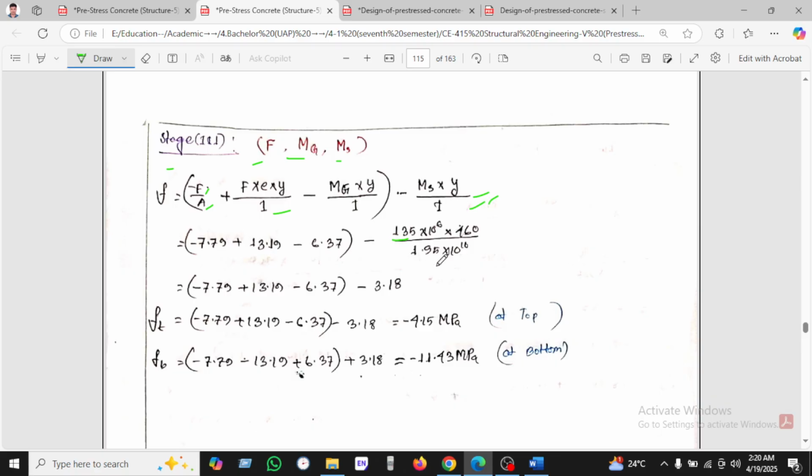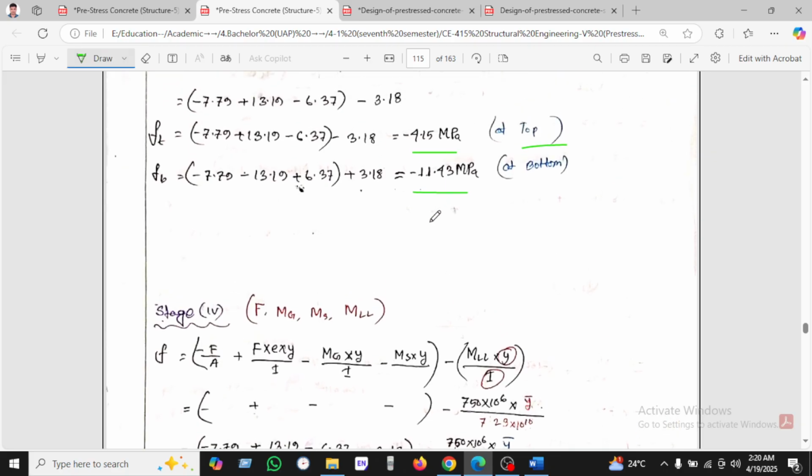So 135 we've been using here, and at the top it is given minus 4.5, and at the bottom we found 11.3.